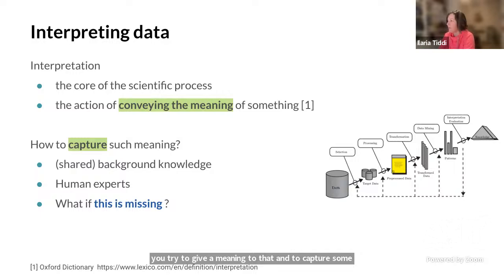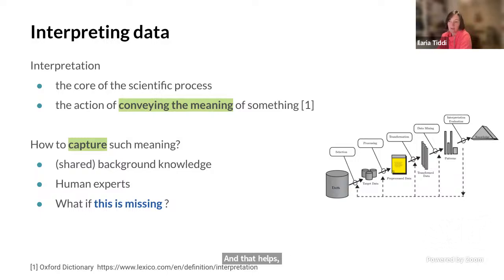So you come up with patterns, and you might have your own background knowledge, or maybe human experts in a topic that explain the patterns that the data mining algorithm has come up with. And that helps in evaluating and interpreting this knowledge.